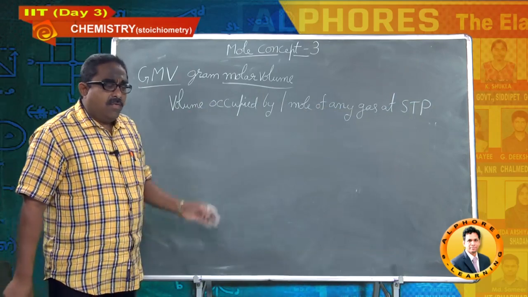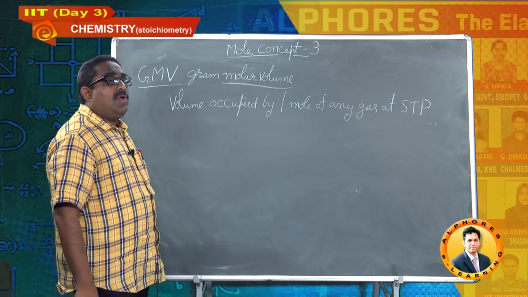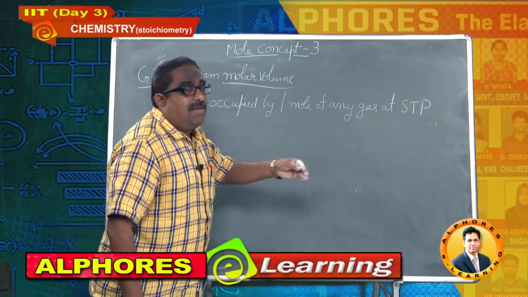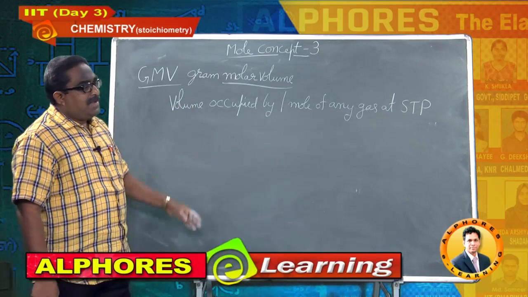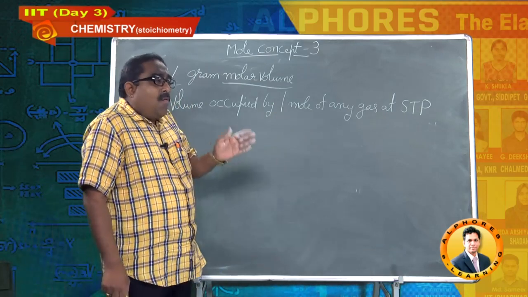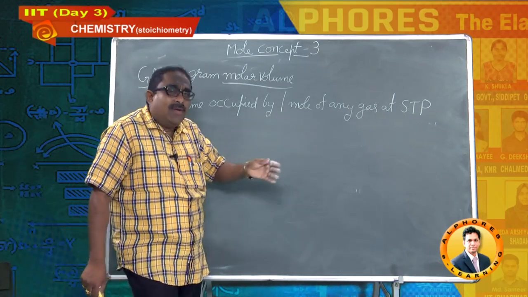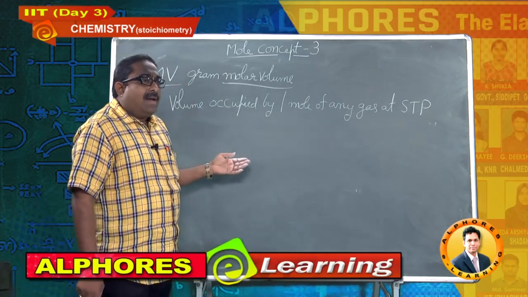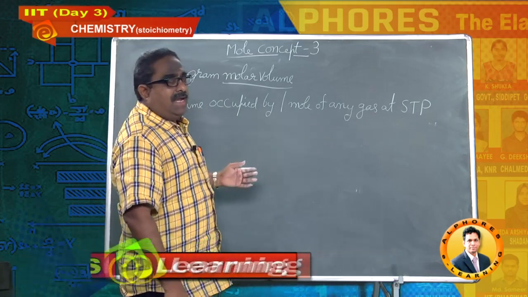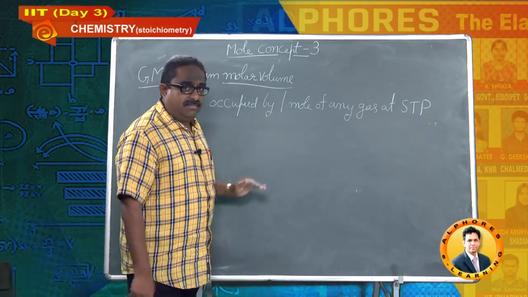Okay, you can write 1 mole of any gas means 6 into 10 power 23 molecules of any gas. We can also write that 1 gram molecule of a gas, or you can also write 1 GMW of any gas. All are the same.